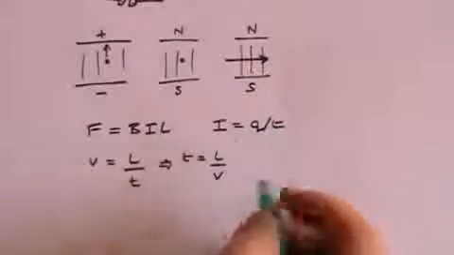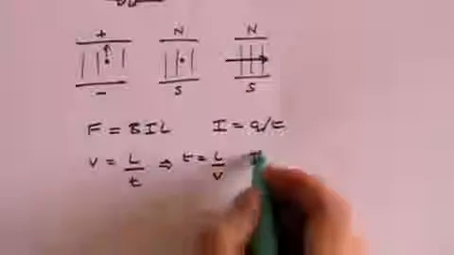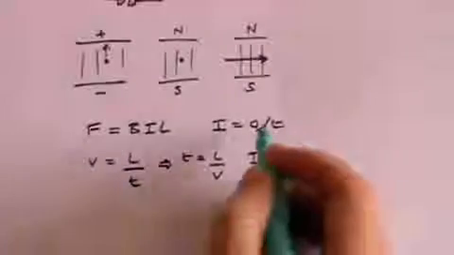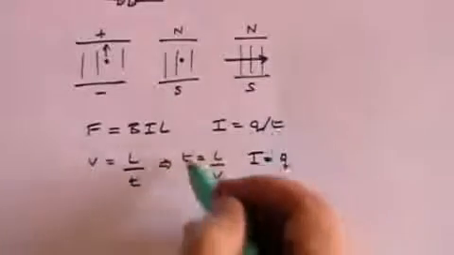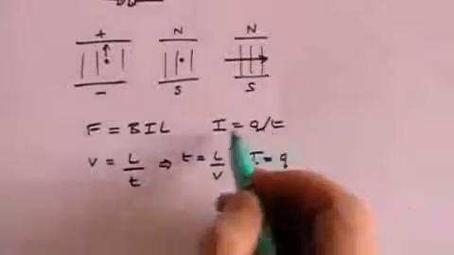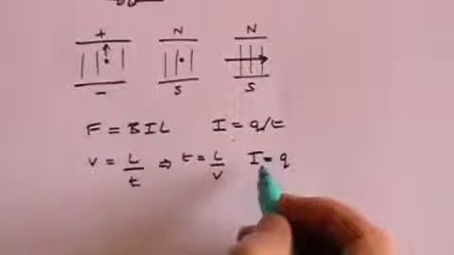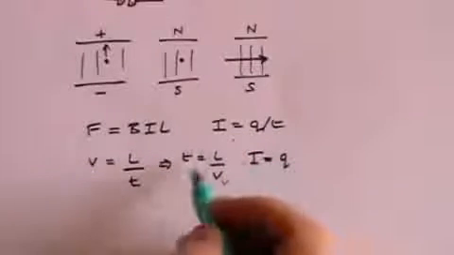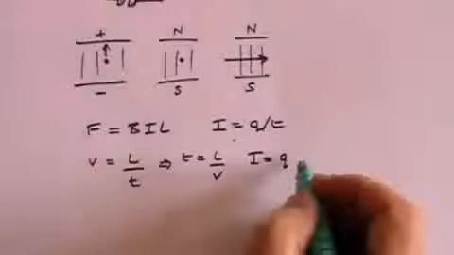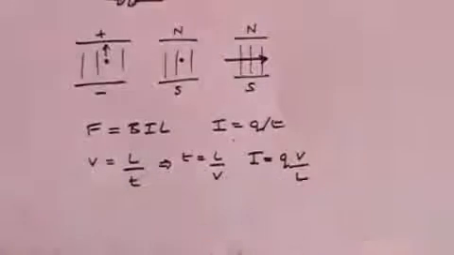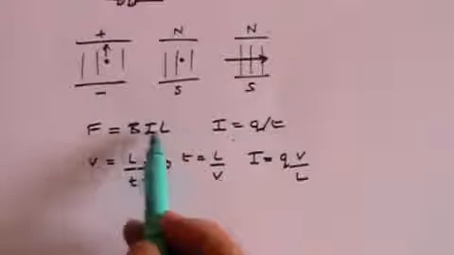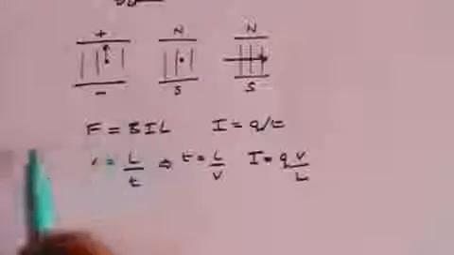which means that we can now put in this formula here. Sorry, I is Q over T, so I is Q divided by T, and T is L over V. So we now have that I is QV over L. But F is BIL.